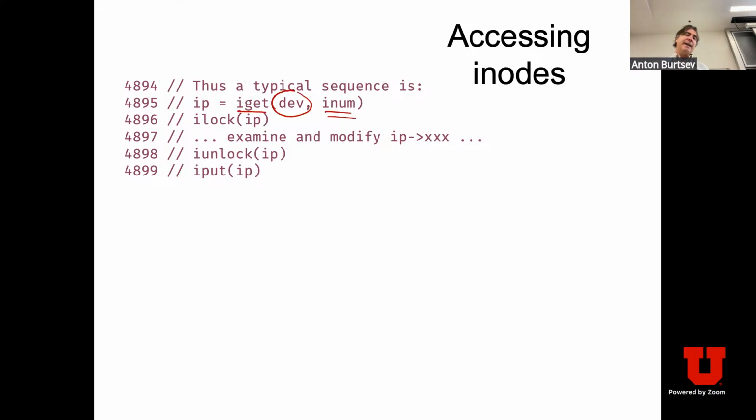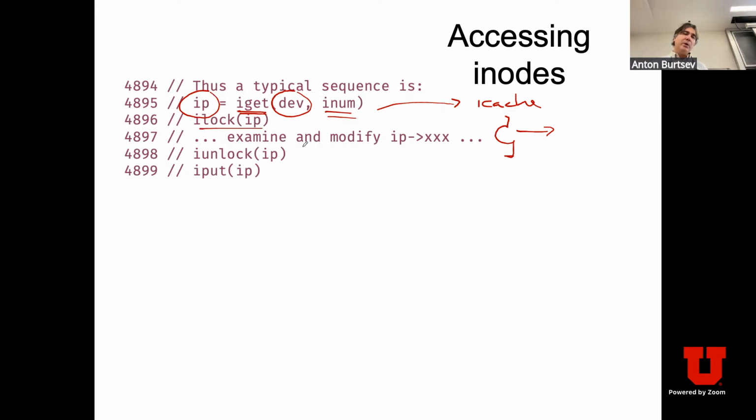You use this iget function, and this iget function goes to the inode cache, and it implements just a loop which traverses the array of inodes, figures out an unallocated entry in that array, and returns a pointer to this position in the array as an inode pointer.